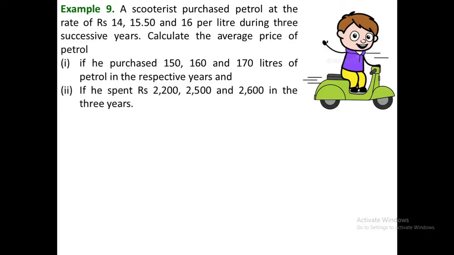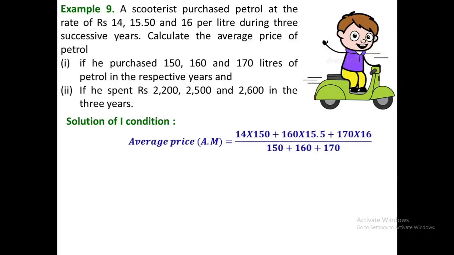Dear student, this is the best example to understand where we have to use the arithmetic mean and where we have to use the harmonic mean. Let's take condition number 1. Since the condition is given in terms of different liters of petrol in 3 years, the weighted arithmetic mean will be appropriate.